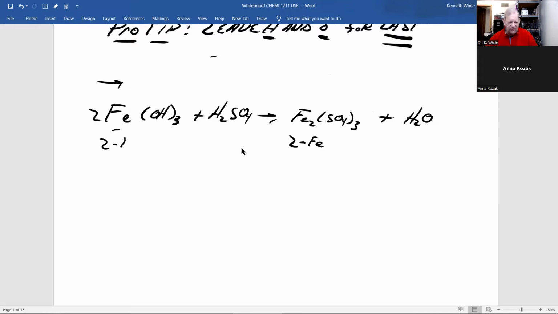So now I have two iron. Next, oxygen, hydrogen. Now wait, hydrogen. Oh, sulfur. I have one sulfur here, but remember when it's in a bracket, 1 times 3 means there's 3 sulfur. So how do I get 3 sulfur on this side? Put a 3 there. So I now have 3 sulfur.